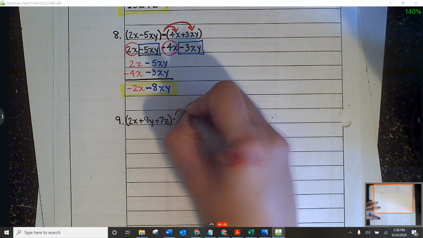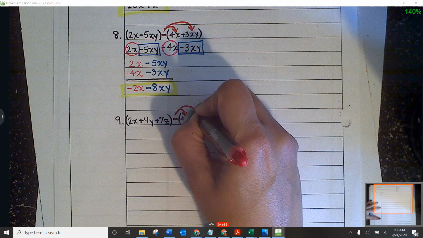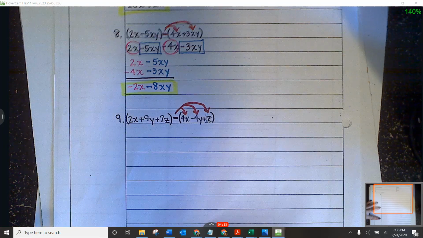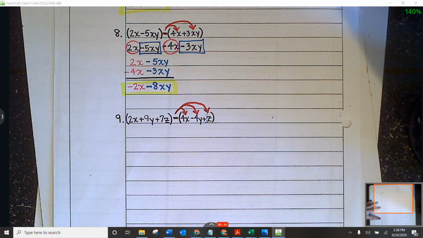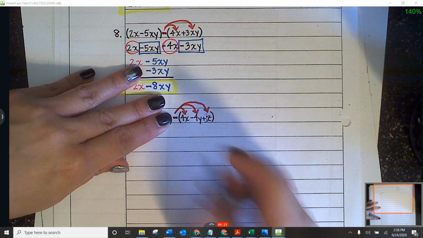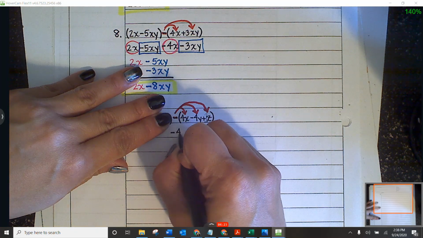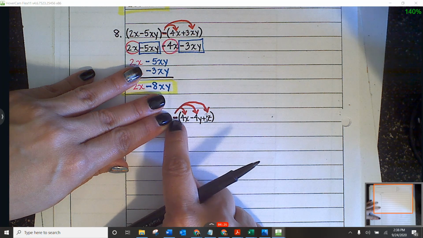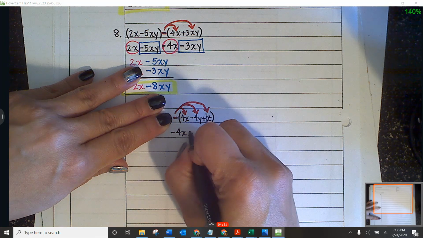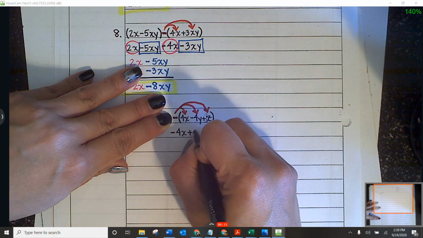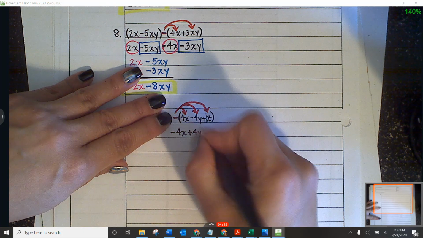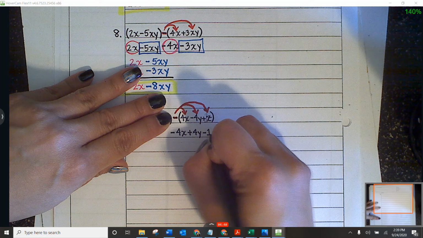So this negative is going to go to 4x, to negative 4y, and also this positive 1z. Oh, goodness. So negative times positive 4, that's going to become a negative 4x. Uh-oh, negative times a negative. Yeah, you guys know that's a positive 4y. And negative times a positive, that's just going to be negative 1z.